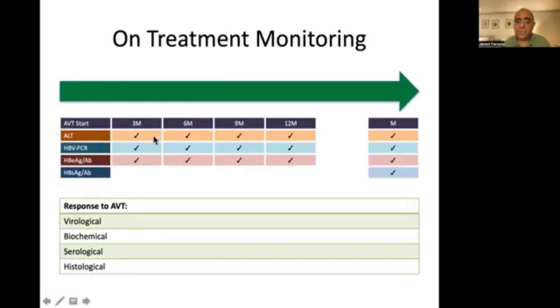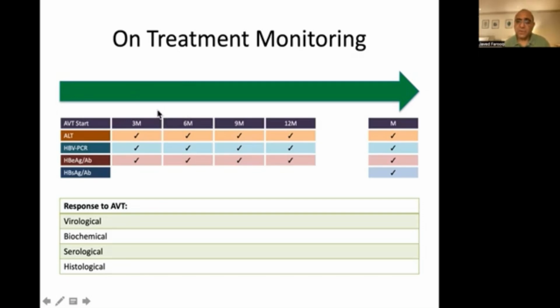So, dear colleagues, this was some discussion about the on-treatment monitoring. You selected the patient to start antiviral treatment, you selected some antiviral agent, and then you started the patient on antiviral treatment.